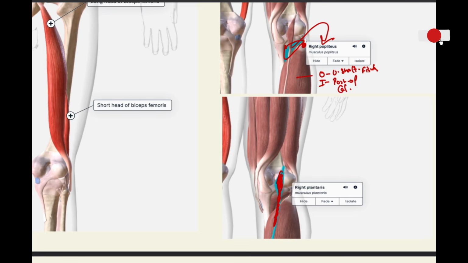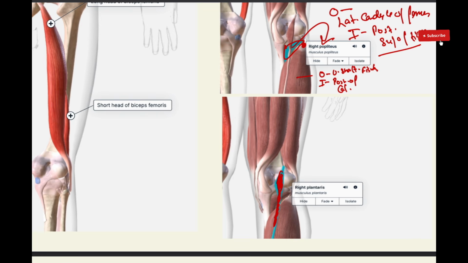Its origination will be the lateral condyle of the femur, and the insertion point will be the posterior surface of the tibia. So this is your popliteus muscle.